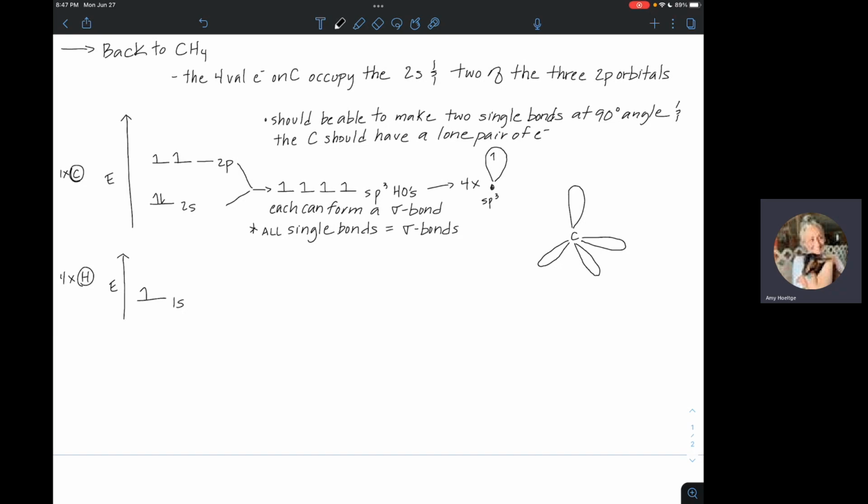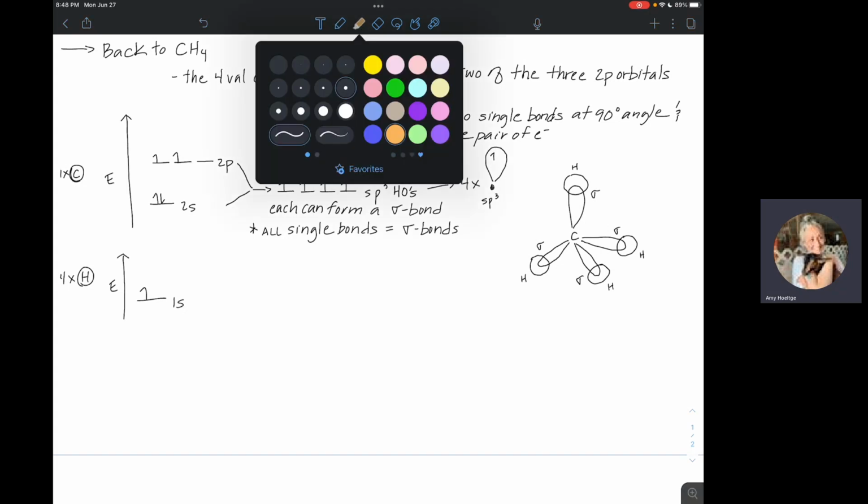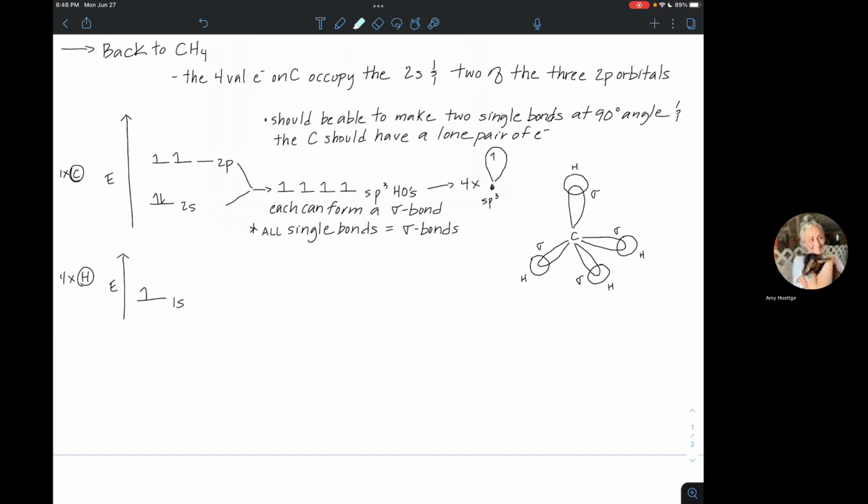So there's the lobe, right? That's going to overlap with the half-filled orbital on each one of the hydrogens. And I have formed 4 sigma bonds. So that's carbon. I'll put the little H here so that we can see what's going on. And we'll color this in. Those are going to be my sigma bonds. Those are my single bonds.